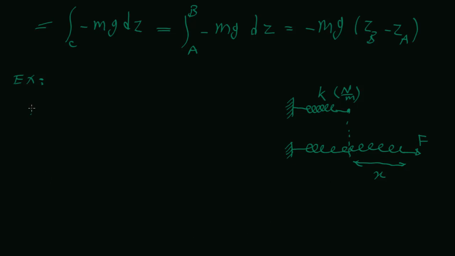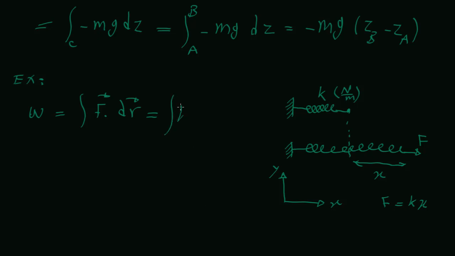So again, W from here to here is equal to the integral of F dot dr. If we have a coordinate system, let's say this is x, this is y. The F is always going to be in the x direction, the horizontal direction, and this F is equal to the spring force, which is kx.